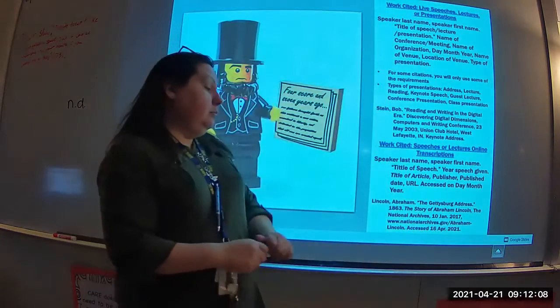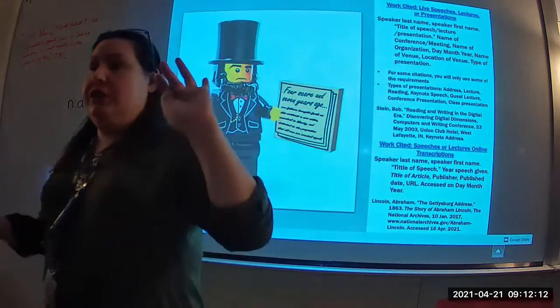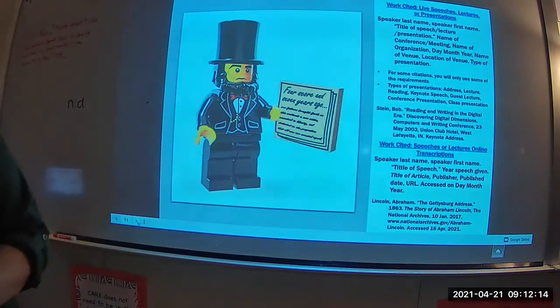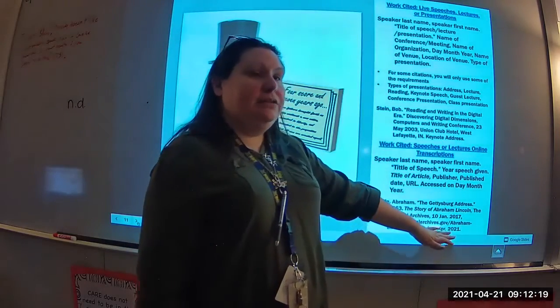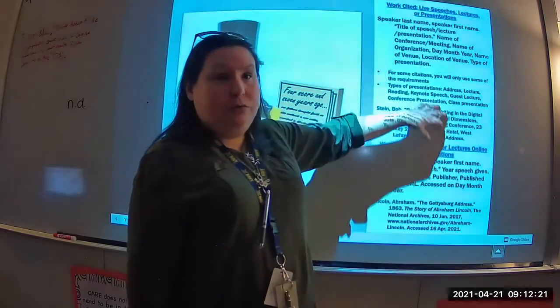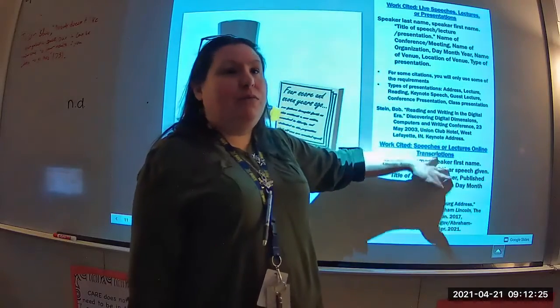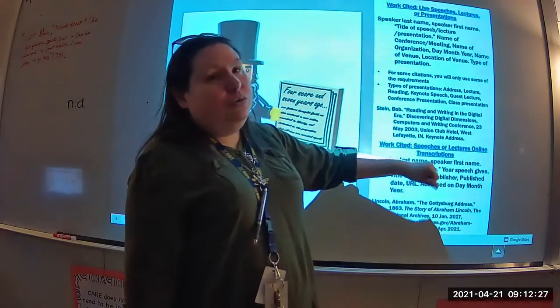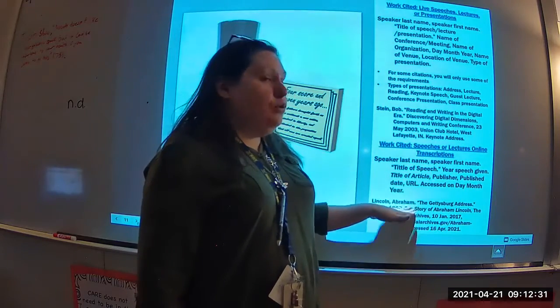The reason they want to know when you accessed it is to make sure that it corresponds. I've had times where kids will make up this date and they actually put it before the article was even published, because they're trying to make it seem like they've been working on it. Also, web sources change.